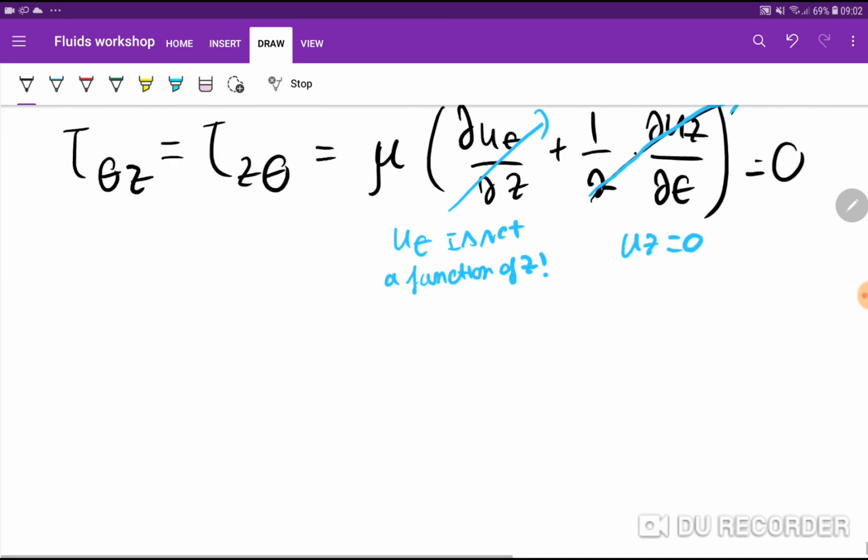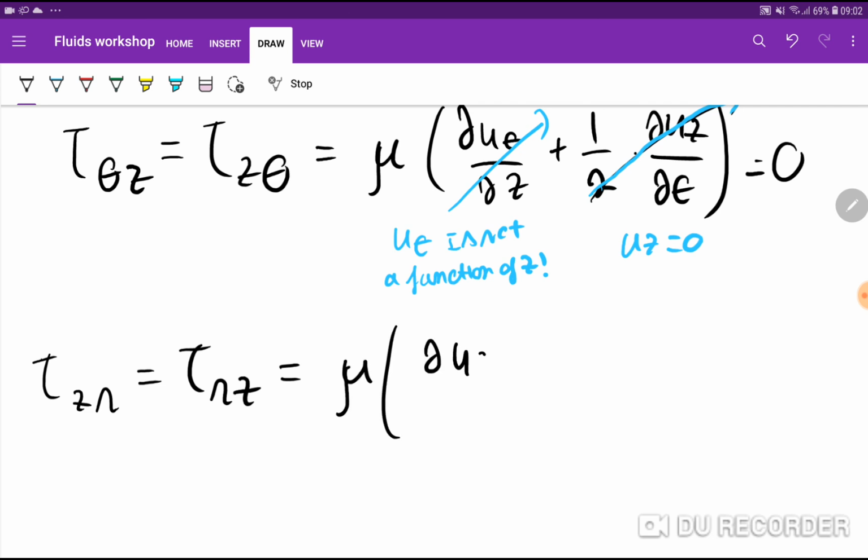How about the other one? Tau zr is the same as tau rz, and is equal to mu times partial uz over partial r plus partial ur over partial z.